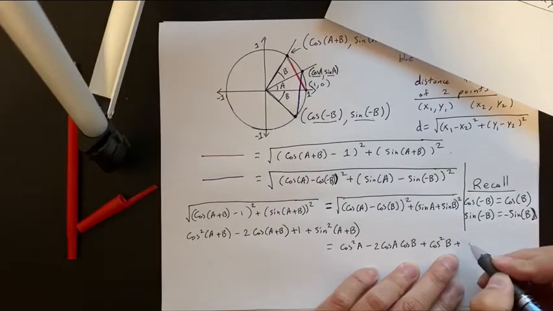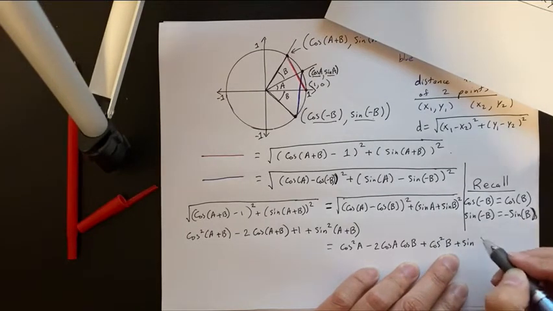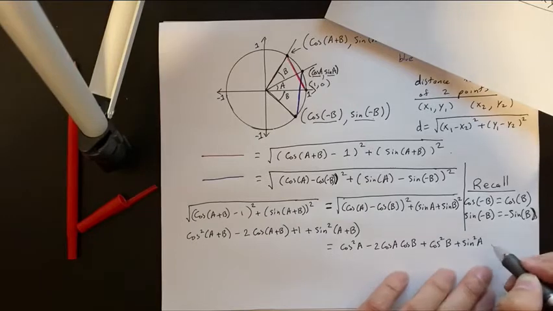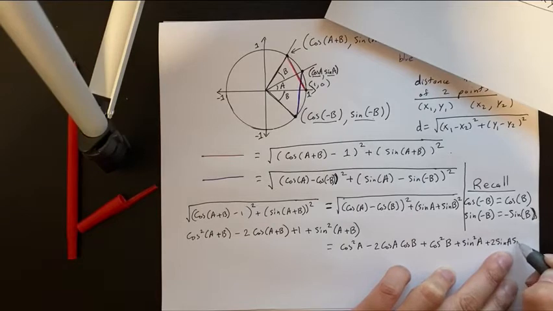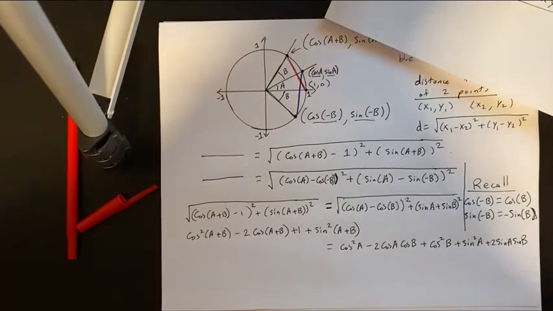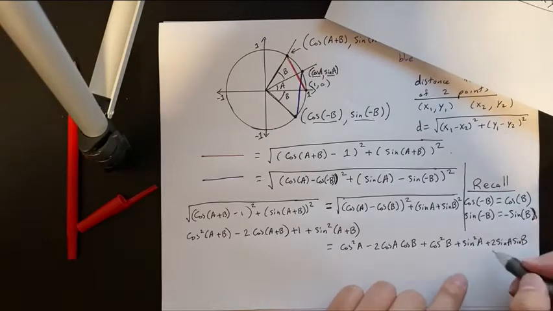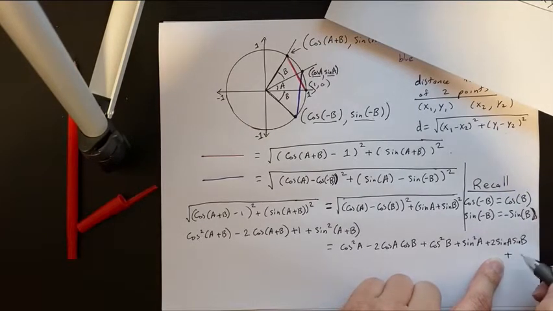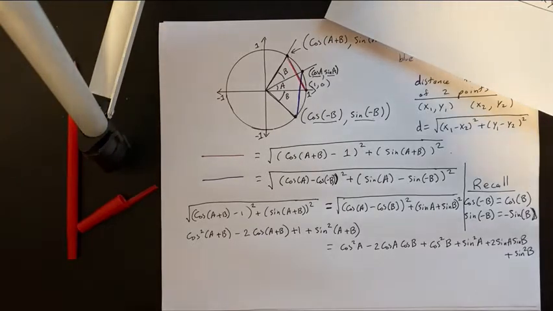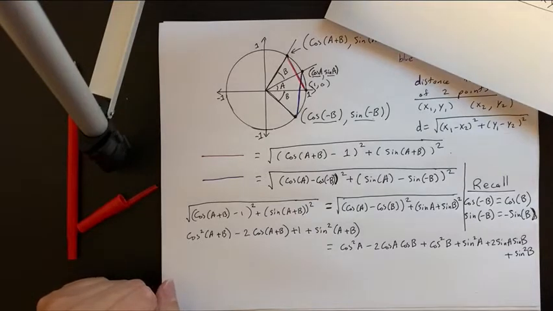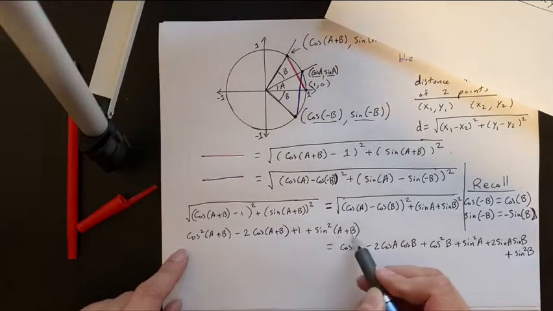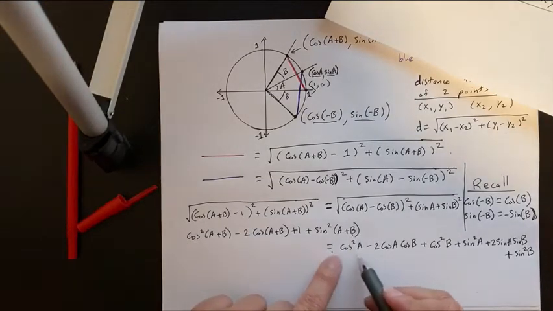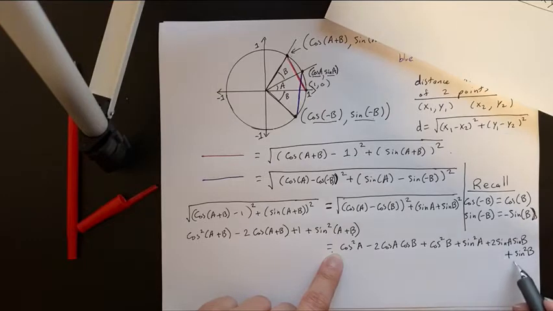What is that? Sine square a, 2 sine a sine b, and the very last term, oh, I have to wrap it around once more. Sine square b. Yeah, you guys see that? Okay, so this whole thing here is the left side. Here's the equal sign. And here's the right side, and I have to wrap it down here for the very last term.